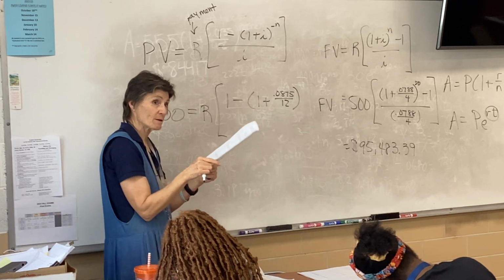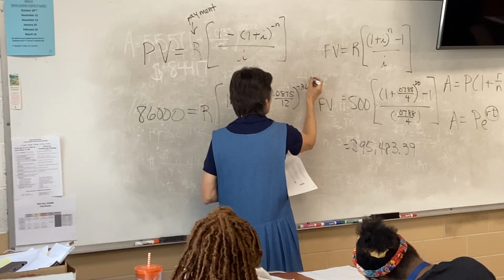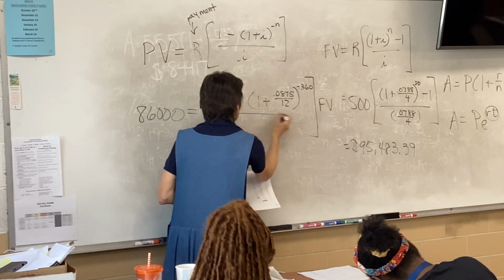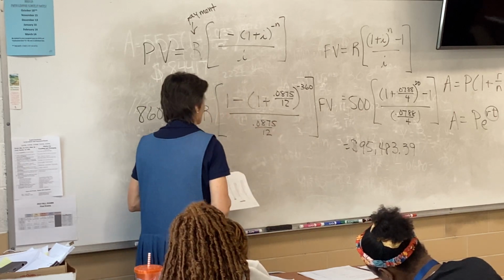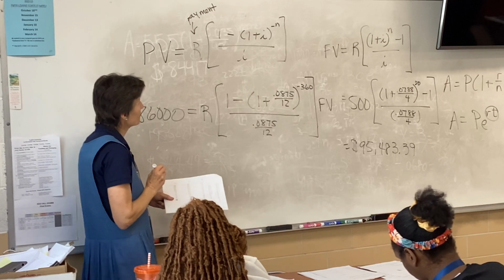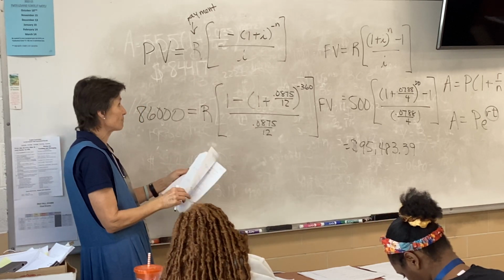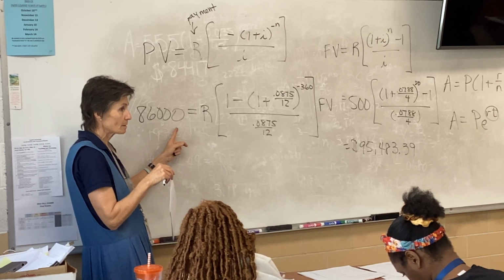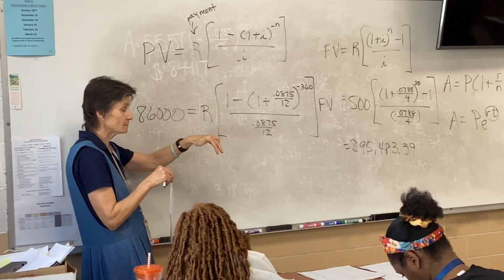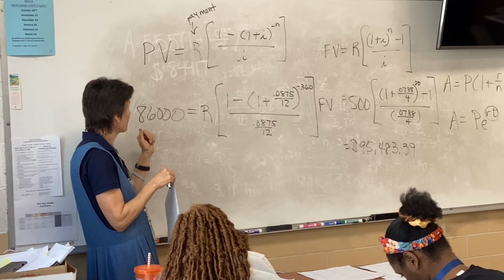But I'm making them every month, so negative 360. So take a look at that, make sure you understand first of all why I'm using this formula. I'm paying something off. It's presently valued at 86,000.